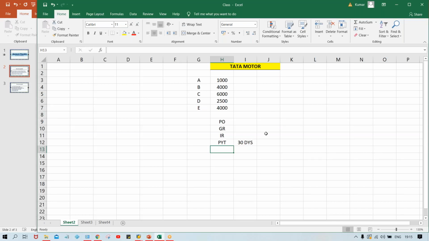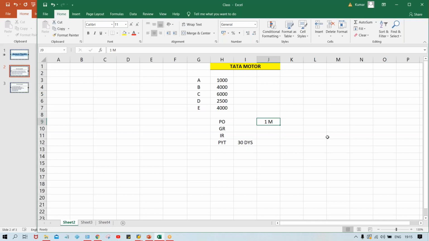Let's suppose Tata Motors has ordered laptops worth 1 million, whatever your currency is, whether rupees, dollars, GBP or other currencies. So this 1 million amount is your payable.